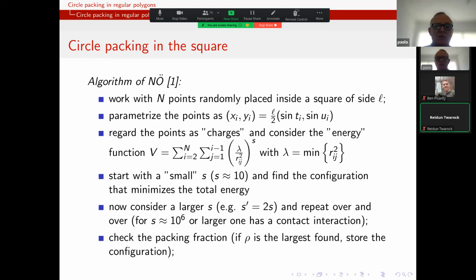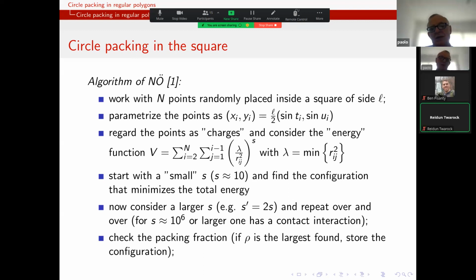So you start with a long range, which would be a small s. Small, don't take it literally, because small can be s equal to 10 or 5, not necessarily 1 or 1/2. And then at each stage you make it bigger, bigger, and bigger.